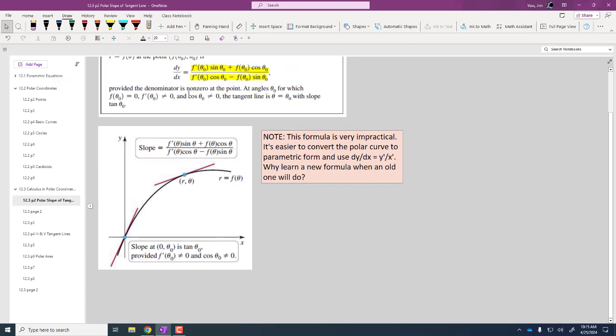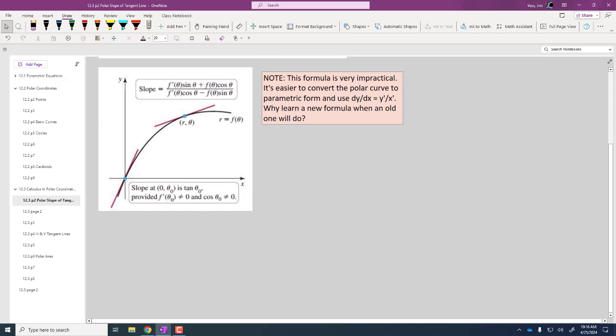If you have a polar curve that goes through the origin, you want to find the slope of the tangent wherever, but if your curve happens to go through the origin, they have this nice little summary down here that says, oh, the slope through the origin, we don't know what the angle is, but the radius is 0, r comma theta, is tangent of whatever that angle is. So this angle right here, they're saying is theta naught.